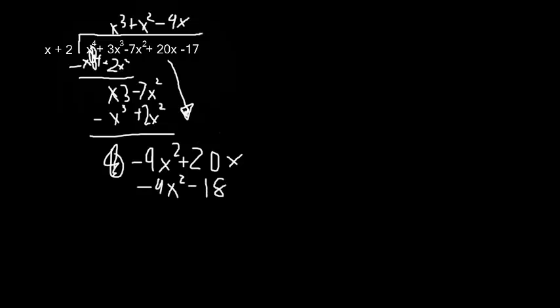This is where the signs might mess you up. You've got the subtraction, so these two will cancel out, and 20x minus negative 18x, the minuses cancel out, so it's addition: 38x.